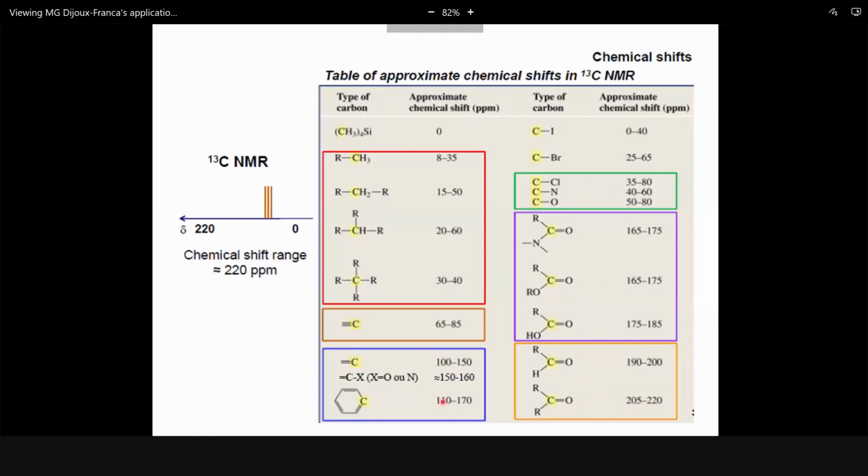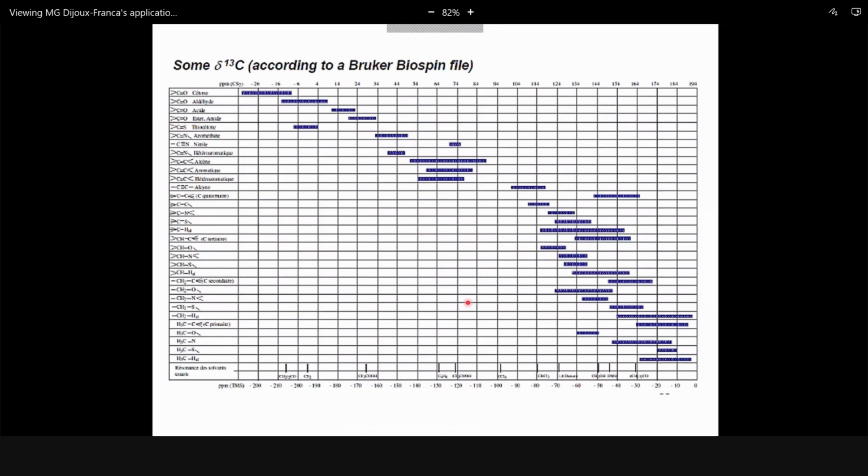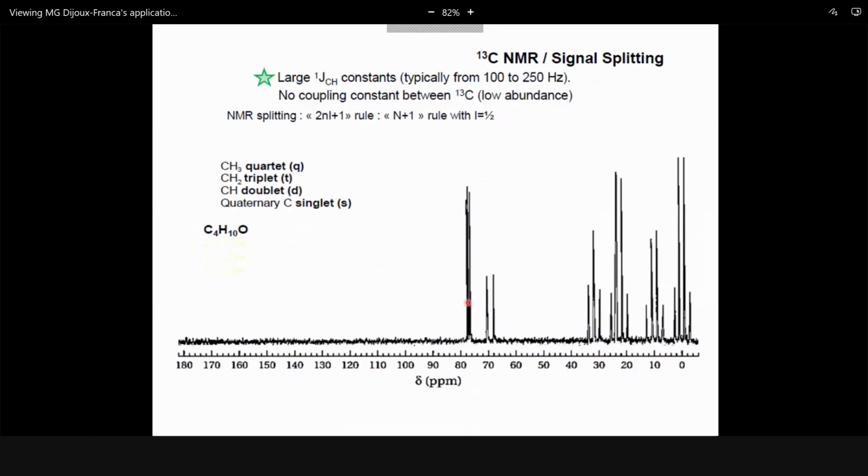And the other aromatic carbons that carry hydrogen are between 100 and 150, but as soon as you introduce a heteroatom, then it goes over 150, and so on. So this is very important to understand. This is another table, but it's exactly the same, so I won't go through it.